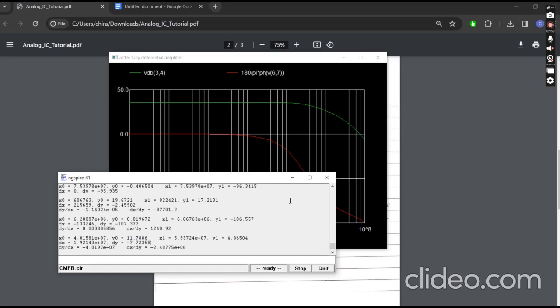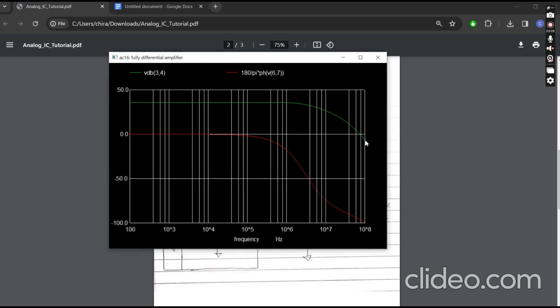So to stabilize it, we have to shift the dominant pole to the left, and then let's look at what the GBW, unity gain bandwidth, is. We want it to be 100 megahertz.